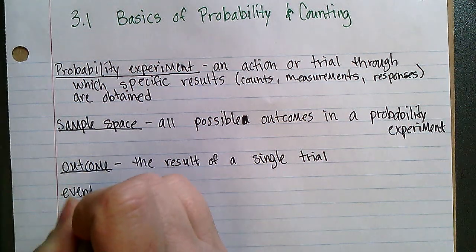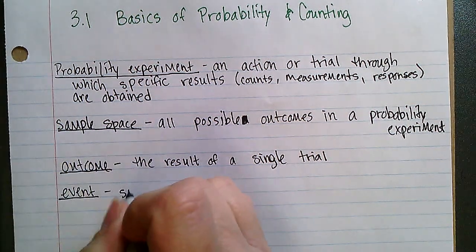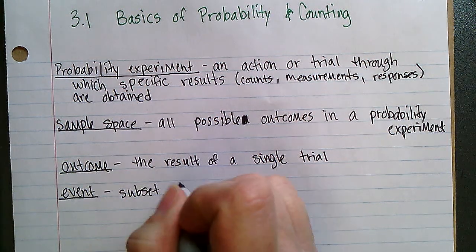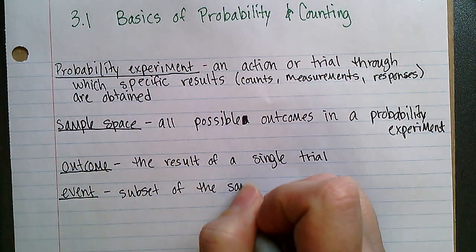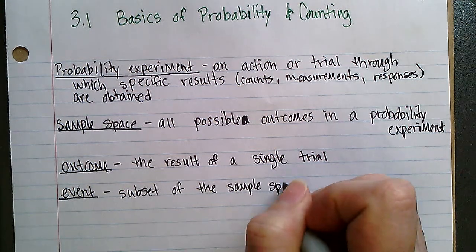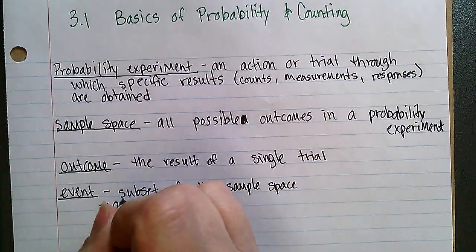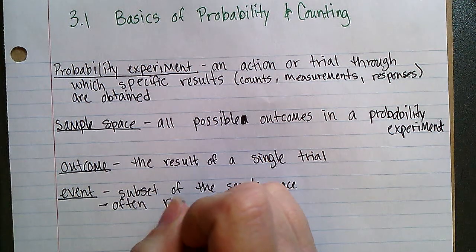And an event is a subset of the sample space. And events are often represented by a capital letter.